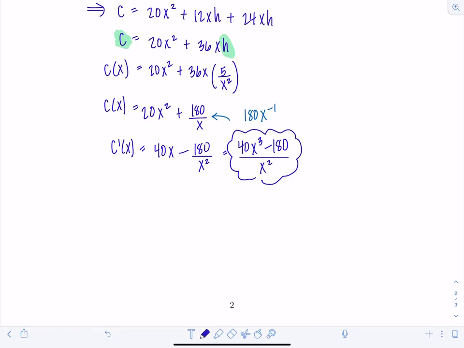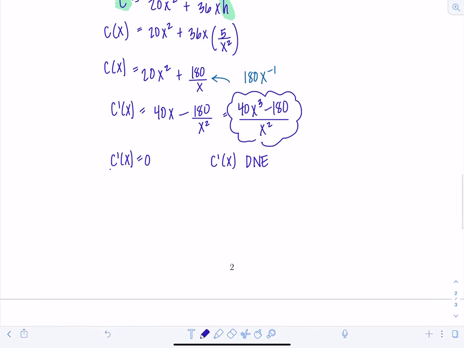Now we're going to use that to find critical values. So I want to check where c prime of x equals 0, as well as where c prime of x does not exist. Okay, if c prime of x equals 0, that means the numerator is 0. So that would mean 40x cubed minus 180 is 0. So that would mean x cubed is 180 over 40, which is 9 over 2.